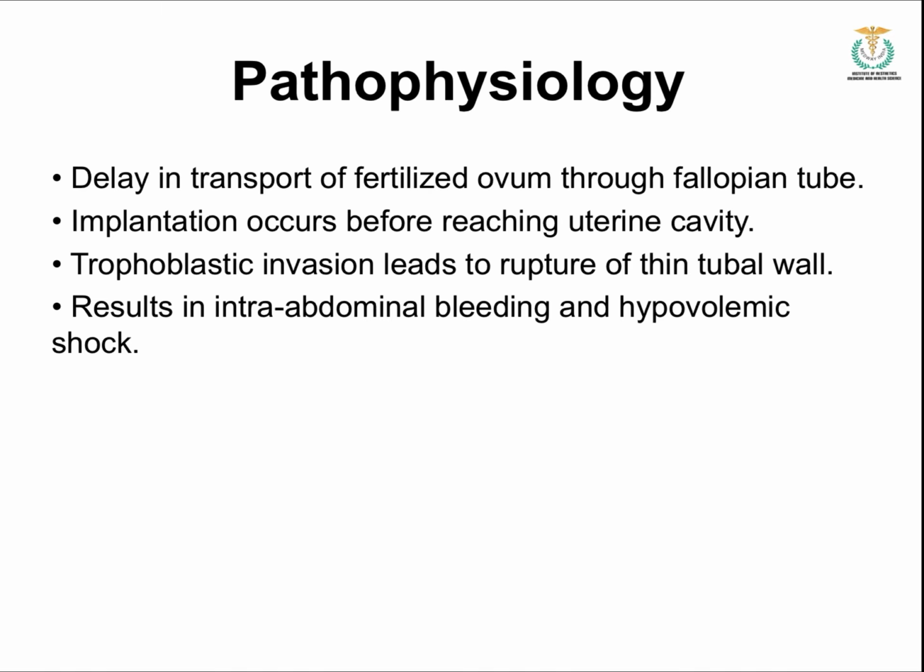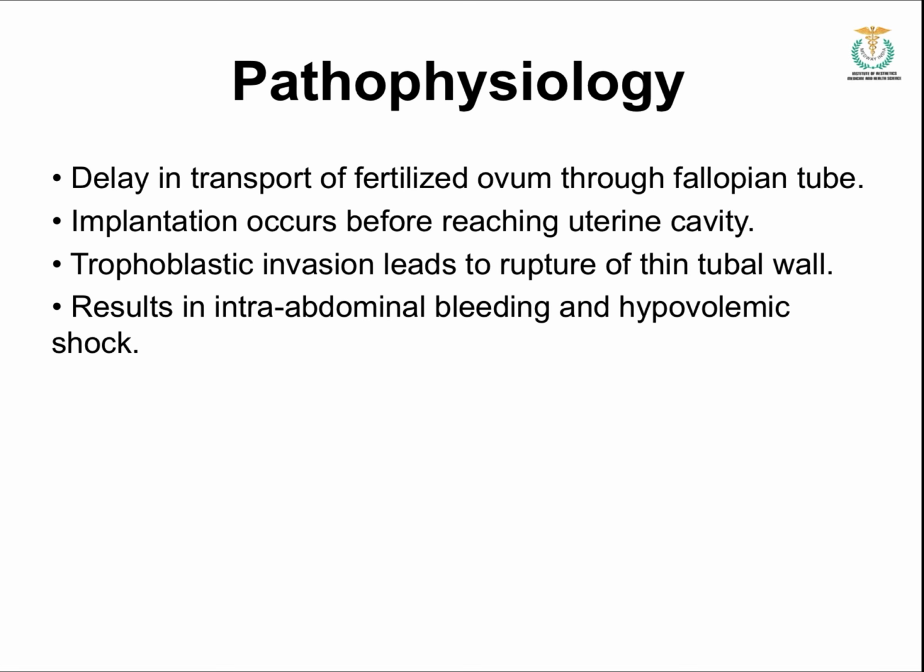Clinically, this explains why rupture commonly occurs around 6 to 10 weeks of amenorrhea, depending on the site and rate of trophoblastic growth. That is also why isthmic location causes early rupture. This is how the pathophysiology happens in ruptured ectopic pregnancy.